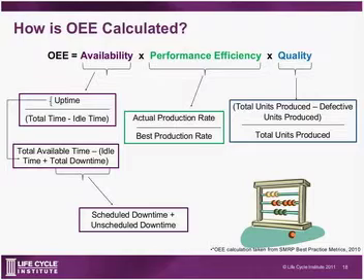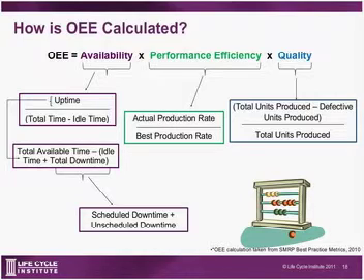It's made up of 3 different components: availability, performance efficiency or rate, and quality. Availability is uptime divided by total time minus idle time, whereby uptime is total available time minus the sum of idle time and downtime. Total downtime is scheduled and unscheduled time.